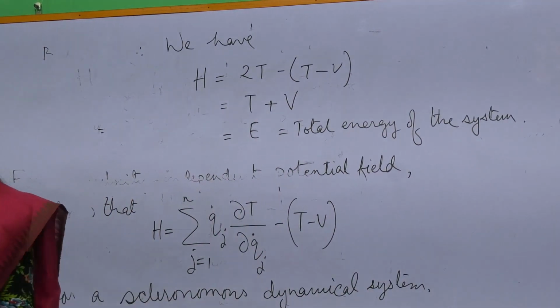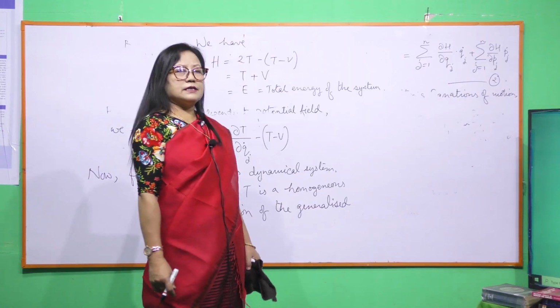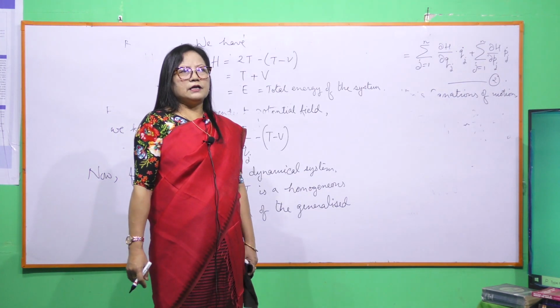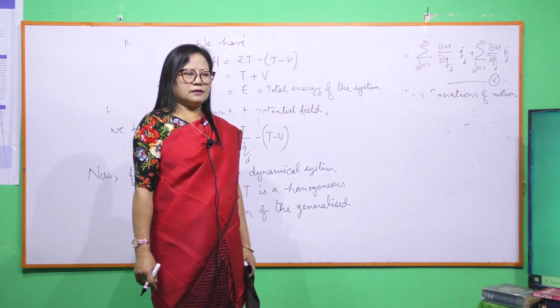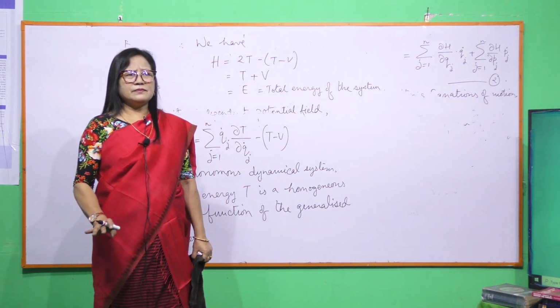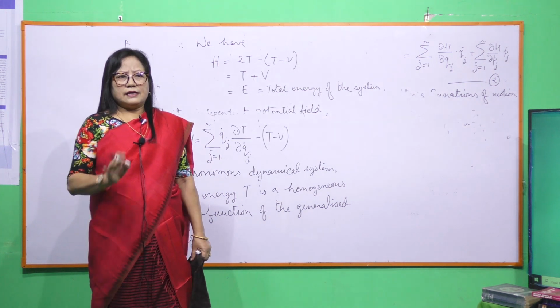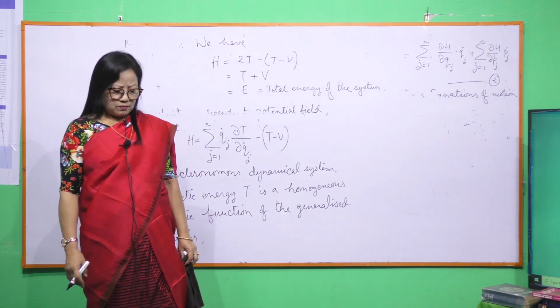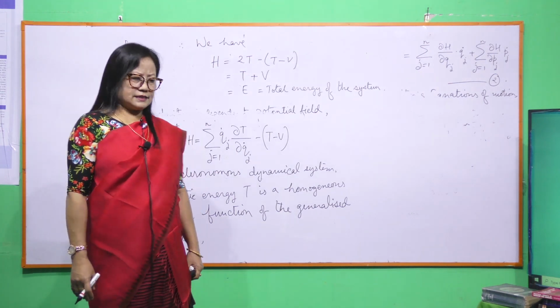So from here we can conclude that for a scleronomous dynamical system, with a velocity independent potential field, as the system is moving, it obeys the principle of conservation of energy.